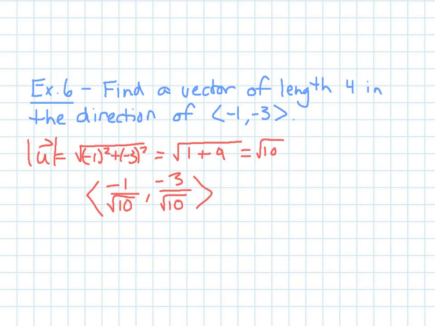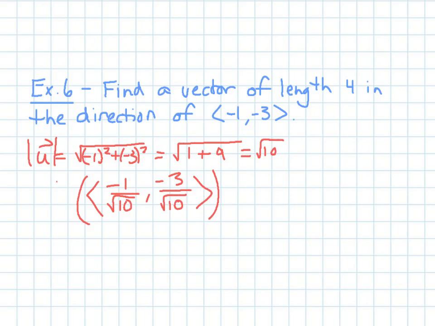But because you want it to be a length of 4, realize that now your magnitude is at length 1. When you make a unit vector, since you're putting it on the unit circle, your radius is now 1. So when I want to change the length, if it wants a vector of length 4, I take my 1 and multiply it by the magnitude they want, because anything times 1 is going to be that something.